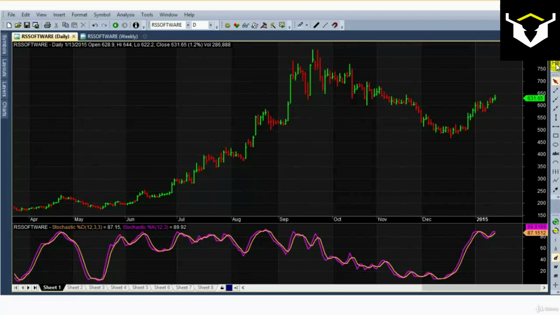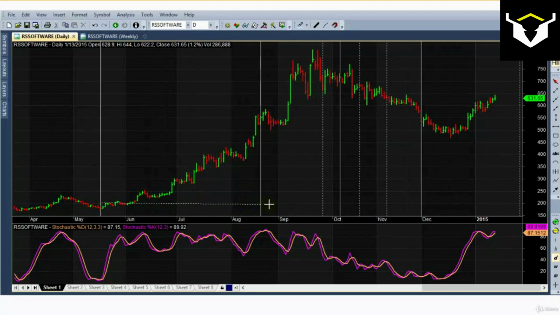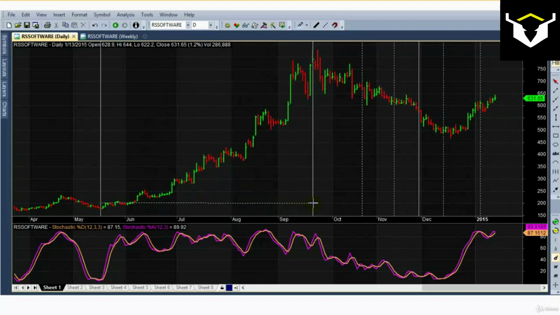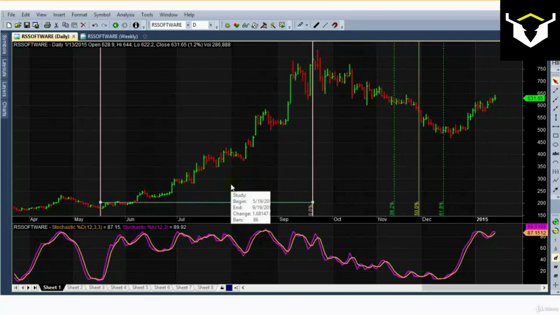In order to plot time retracement on AmiBroker, all you have to do is select this tool, click on the start of your time range, I will take this low, and drag till the end of your time range, that is this high, and leave your mouse button. There you go, your time retracements are plotted.